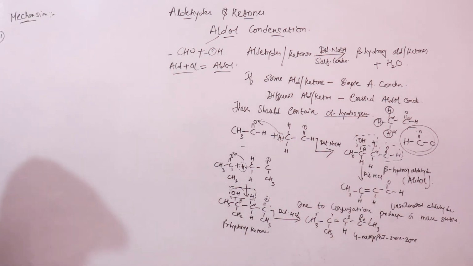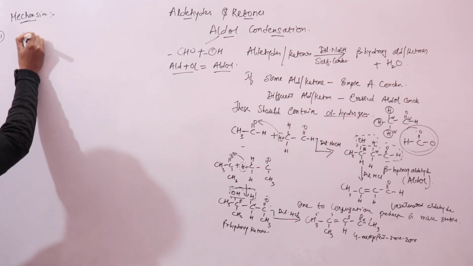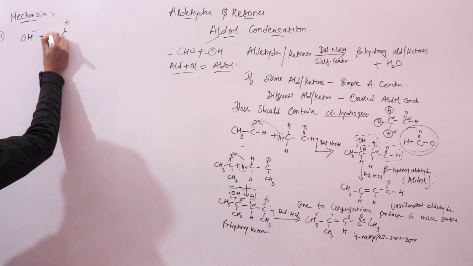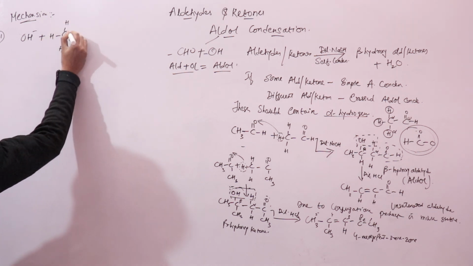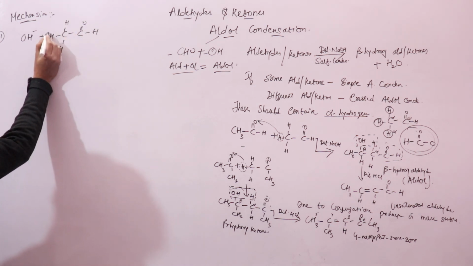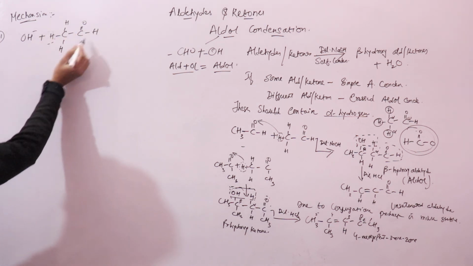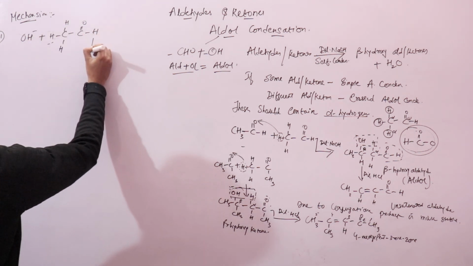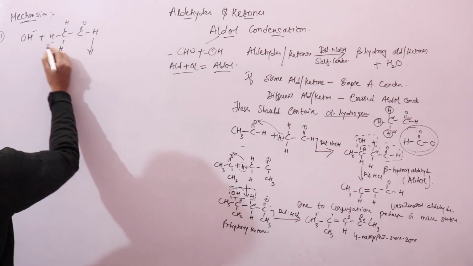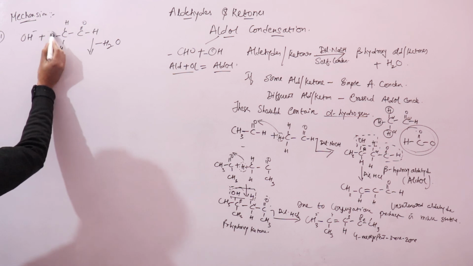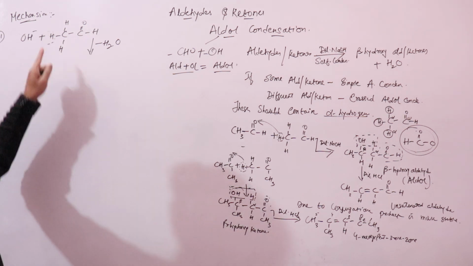So let's look at the reaction. You have this OH, which will remove a proton from one molecule of aldehyde. This is your alpha hydrogen.